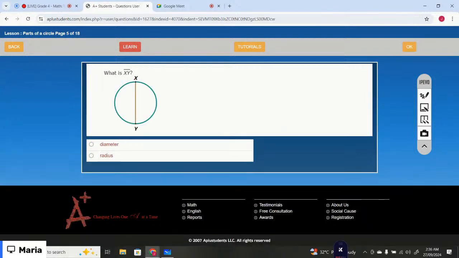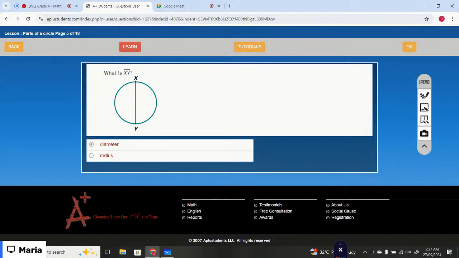What is XY, which is the correct option? The correct option is XY is the diameter.